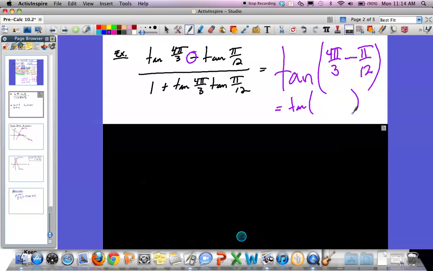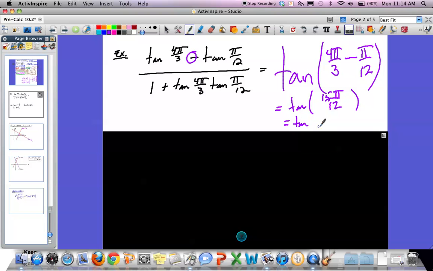So now we add our fraction right here. What do we get when we add that? 12s, so this is 16 pi over 12 minus 1 pi over 12, which is 15 pi over 12. And what does 15 pi over 12 reduce to? Take a 3 out of both of them.